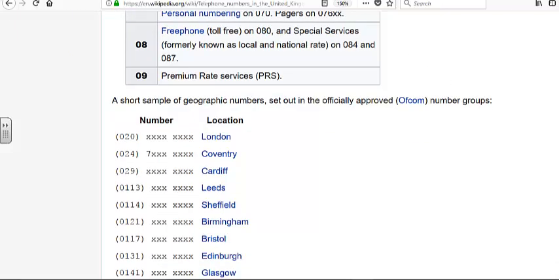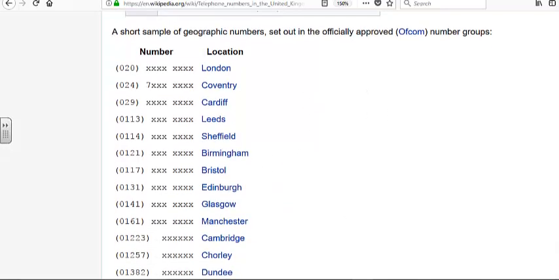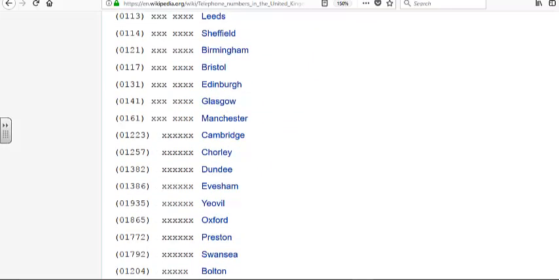And then depending upon where you live, it may be a 3-digit or a 4-digit number based on where you live. So it's kind of like area codes, but it's not. It's based on more like, as you see here, these are the big cities. And then if you can get to 5-digit numbers, so the smaller the place you're from, the more digits you have initially.